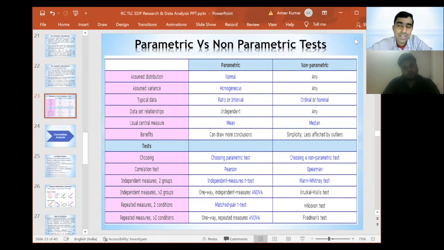Towards the end of the last session, I told you there is something called the central limit theorem. You can use it to assume normality, but for that you need a large sample size. So what if you have a very small sample size and the data does not come out to be normal? Normal data is an assumption of many of the tests mentioned below, so in that case, you will be caught in a trap.